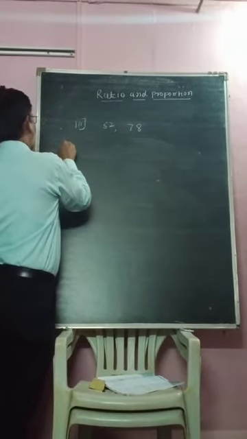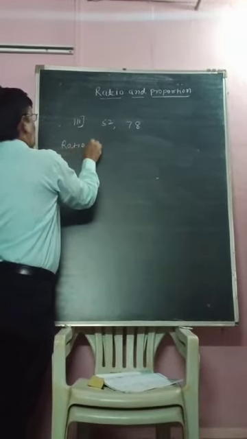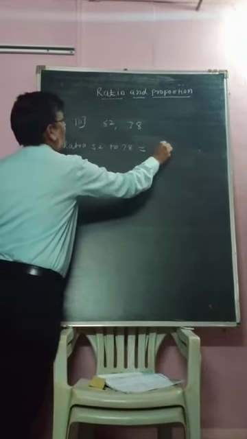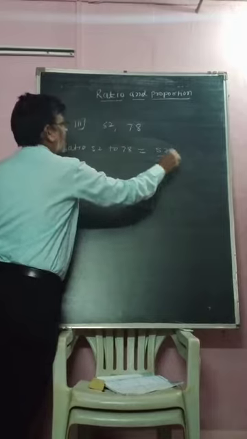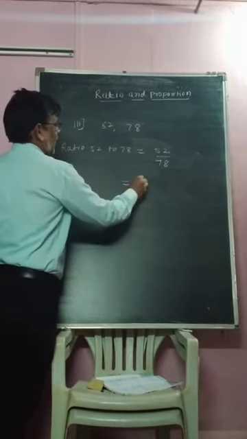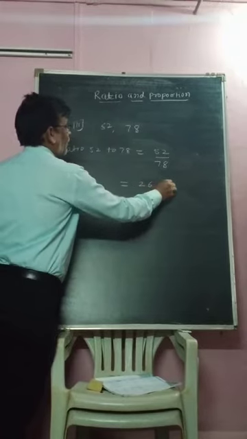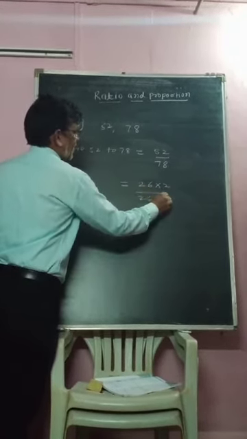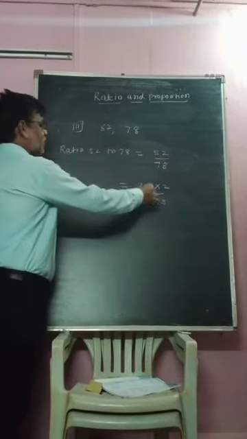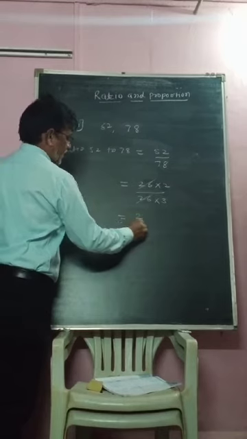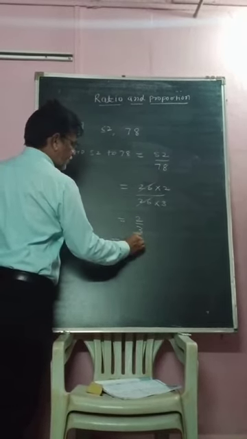Now the ratio of 52 to 78 is equal to 52 by 78. Okay. Now 26 2s are 52 and 26 3s are 78. Now this 26 and 26 get cancelled. It means you get 2 by 3 and it is written as 2 is to 3.